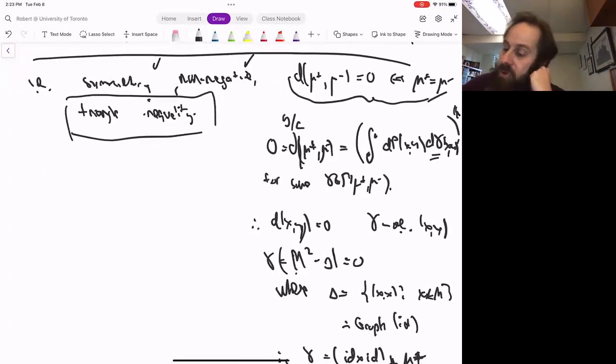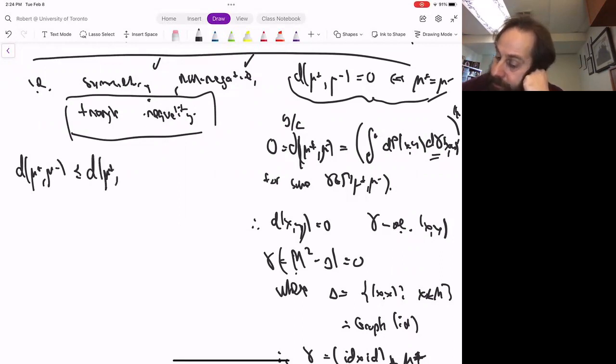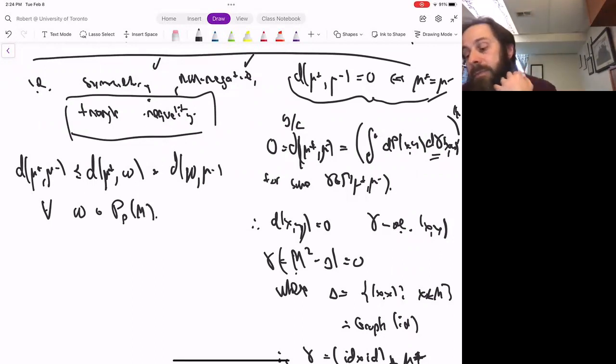The triangle inequality asks that d mu plus, mu minus should be less than d mu plus, omega plus d omega, mu minus for every omega in the relevant space.